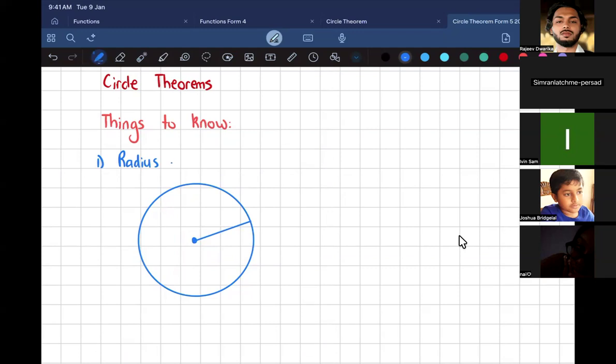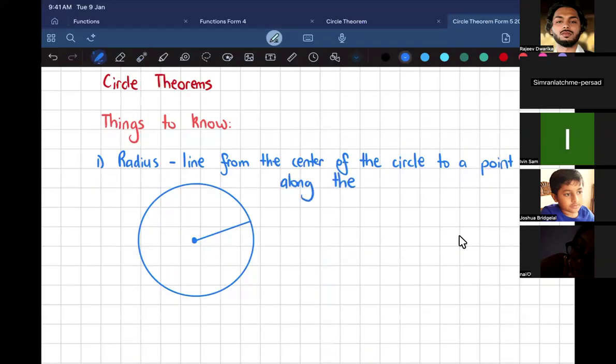So the radius is a line from the center of the circle to a point along the circumference.